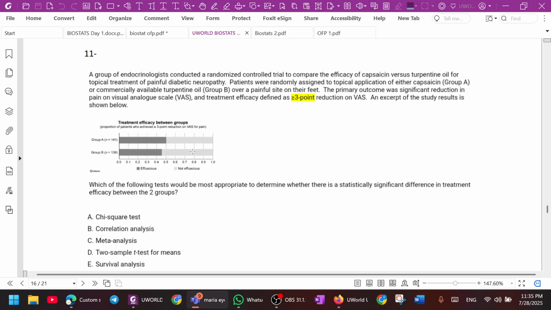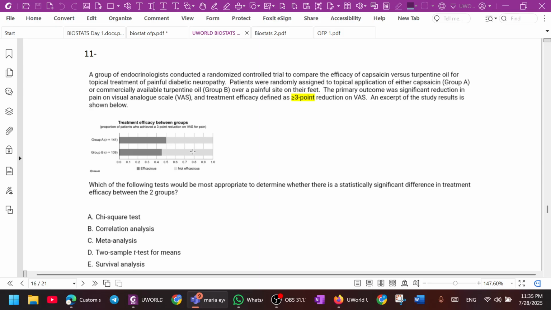Is it chi-square or is it t-test? It doesn't look like a t-test. Okay, so you want to eliminate all the other ones. You think it's between chi-square and t-test. Yes.